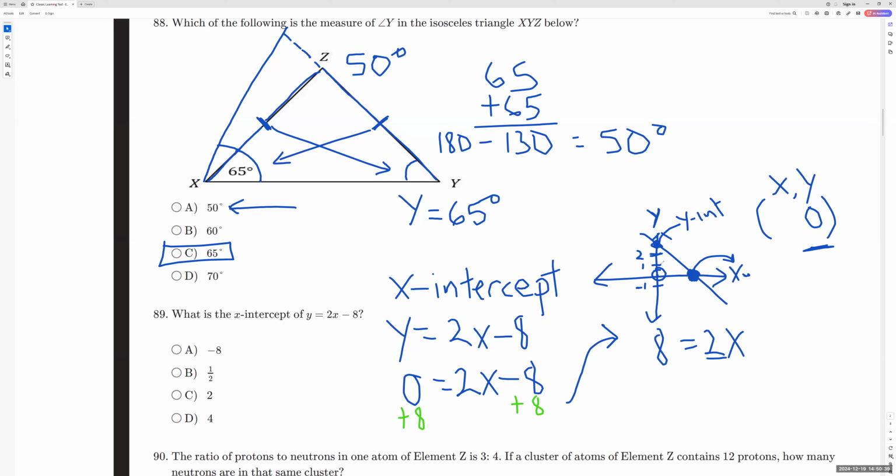Obviously, now divide both sides by 2, and x is equal to 4. So when y is 0, x is 4 using this equation. So the x-intercept given here, I don't have the whole point for 0, but it is 4 for x. Okay, so pause as I erase or delete again.